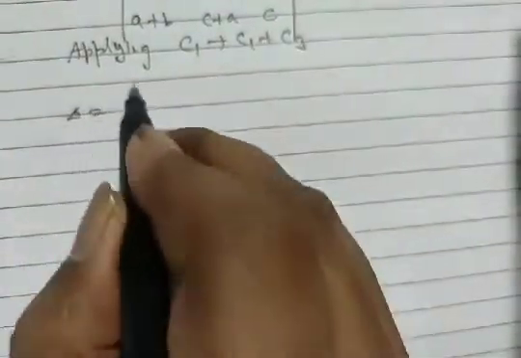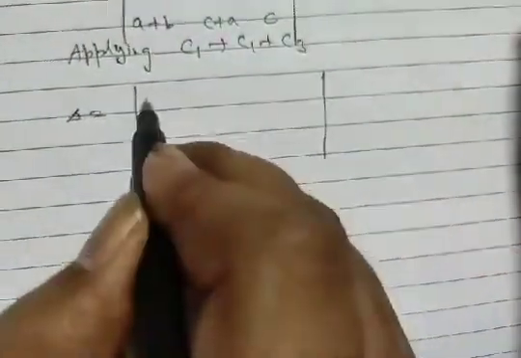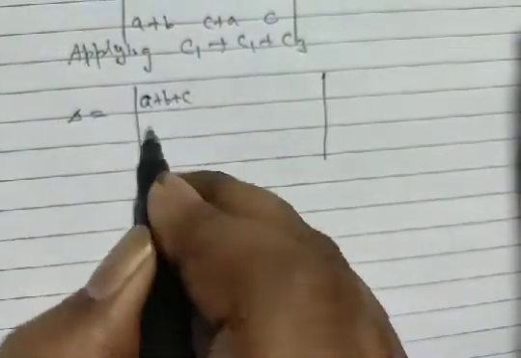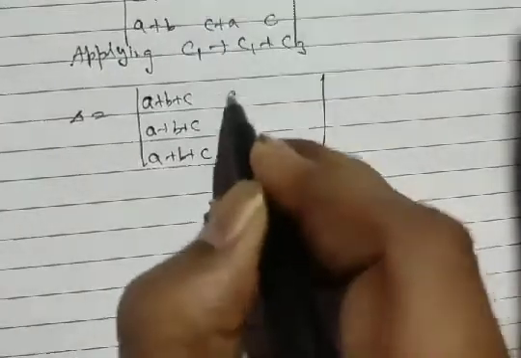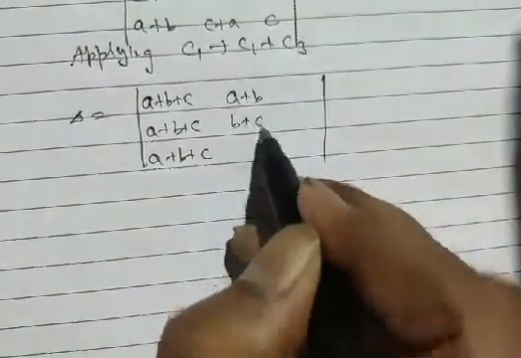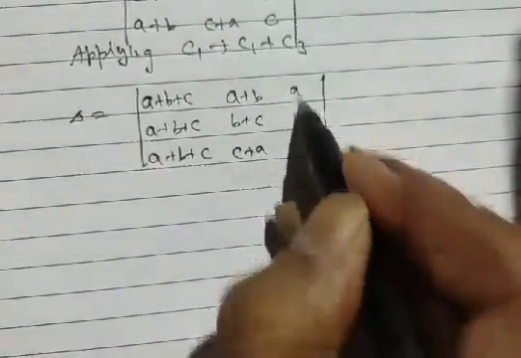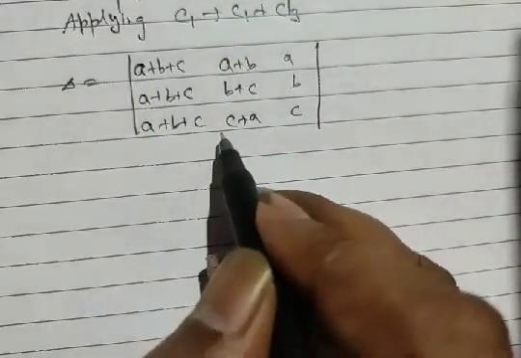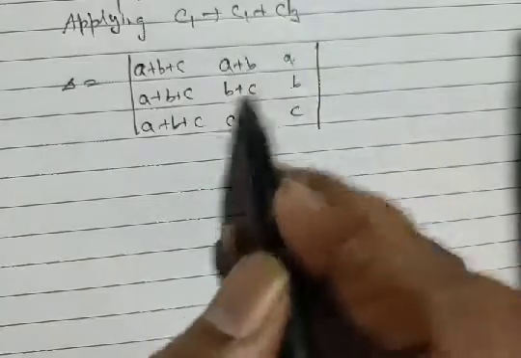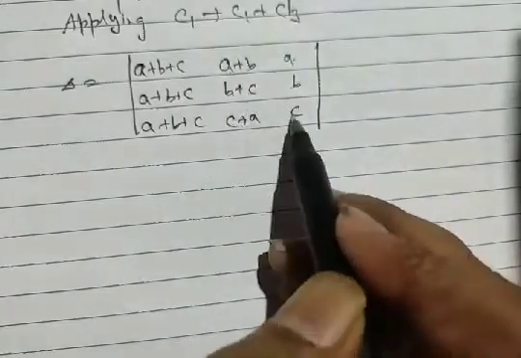Then we have delta equal to the determinant with first column a plus b plus c, a plus b plus c, a plus b plus c, and then a plus b, b plus c, c plus a, b, c. Again we see that we can subtract: a plus b minus a, b plus c minus b, c plus a minus c.